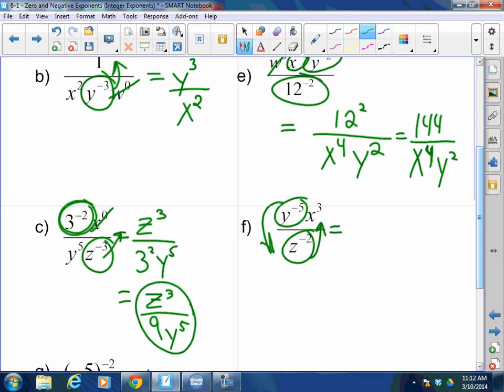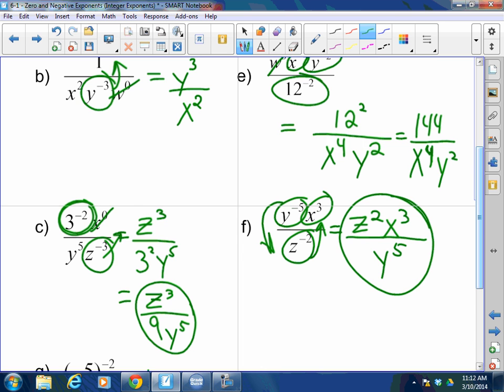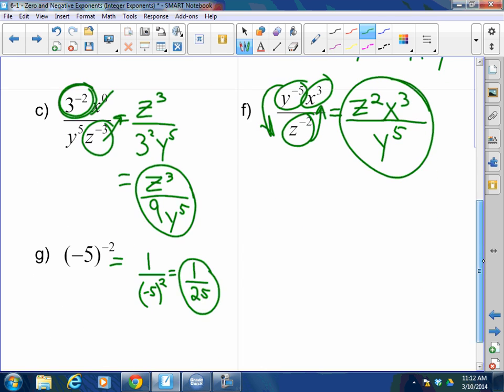Starting in the numerator. Good job. Z squared, and the x cubed, right? We can't forget that that's there. Over y to the 5th power. Very good. That's exactly right. Does that make sense? Promise? Yes, sir.